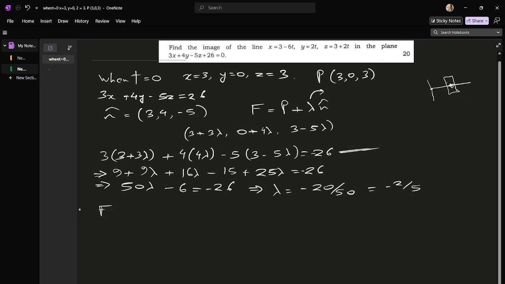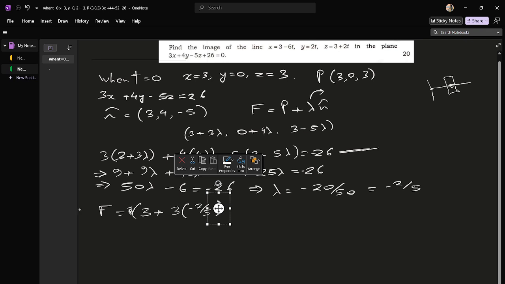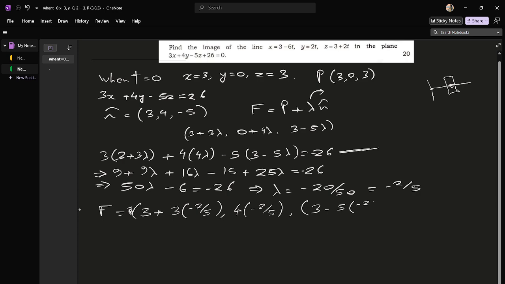So our f will be 3 plus 3 into minus 2 by 5, then 4 into minus 2 by 5, then 3 minus 5 into minus 2 by 5.